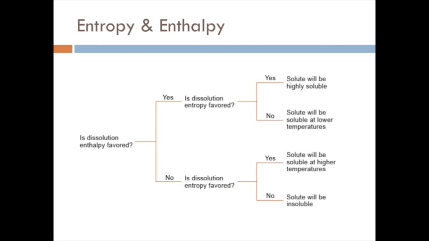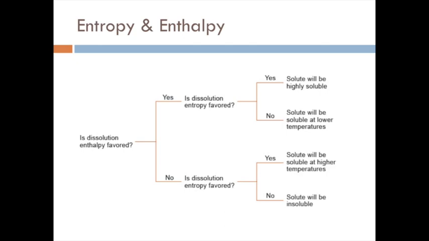The solution will form, if both entropy and enthalpy are favored. But if enthalpy is disfavored, so go down to no, so it's an endothermic process, enthalpy is disfavored. And then entropy is disfavored as well, so that means we have more order, then the solute is insoluble in the solvent. The solution will not form.